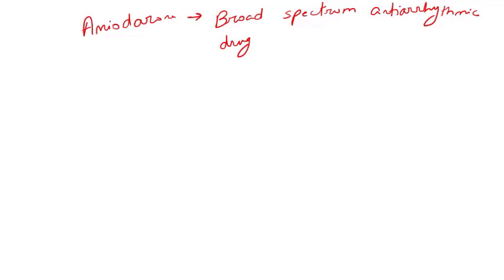That means it has all four actions. It is a class 3 antiarrhythmic drug, that is a potassium channel blocker.